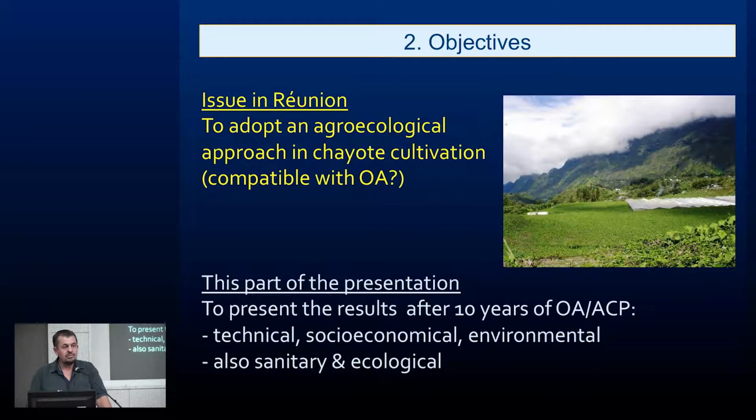So the issue of this study was to try to adopt the agroecological crop protection approach for this kind of crop, and if possible to see if it's compatible with organic agriculture. And this presentation focuses mostly, after 2 years of this experience, on technical, socio-economical, environmental, but also sanitary and ecological results.